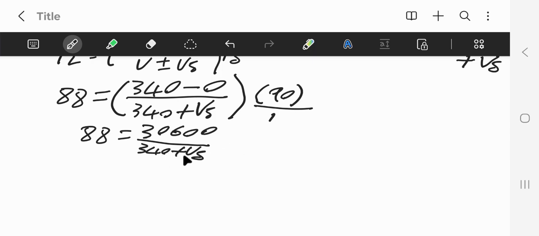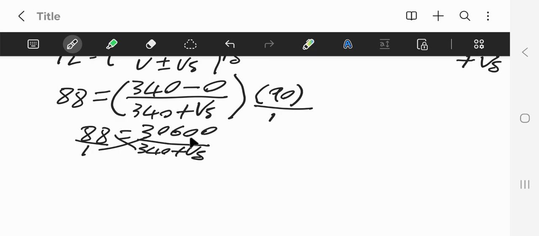Let's cross multiply. We know here we have over 1, so we are multiplying like that.